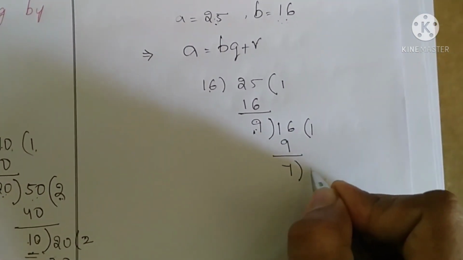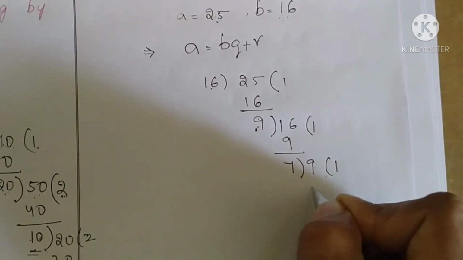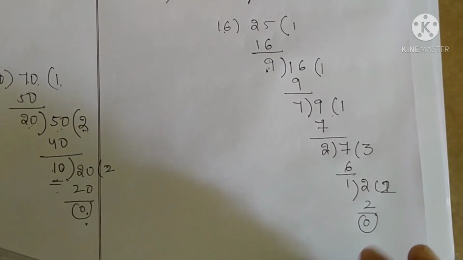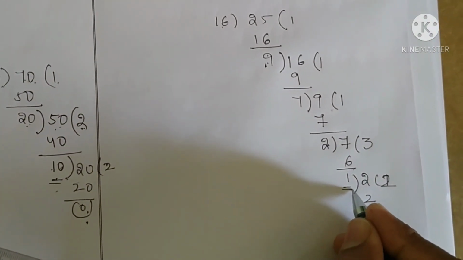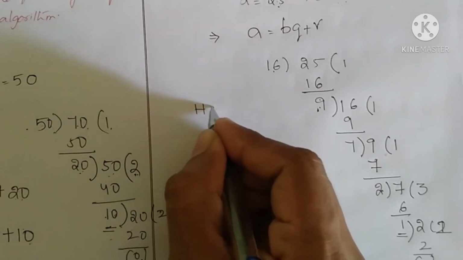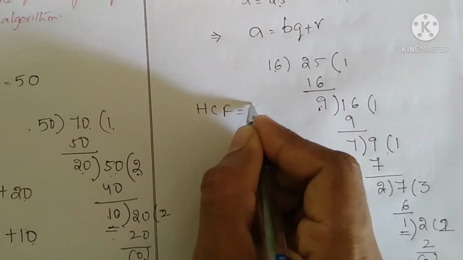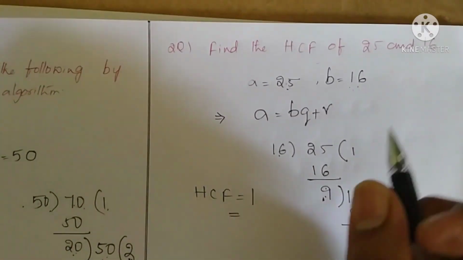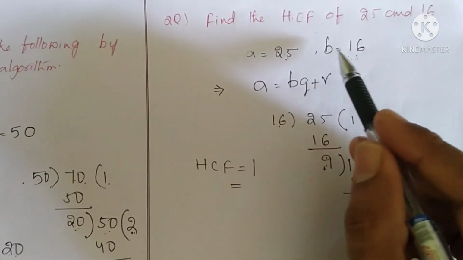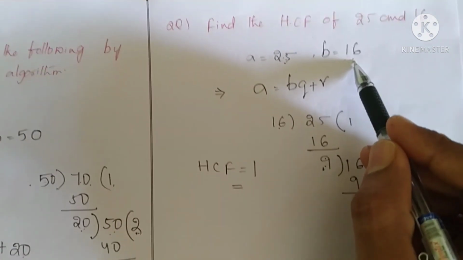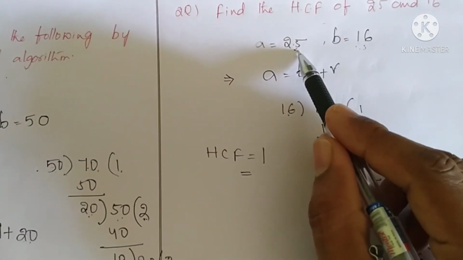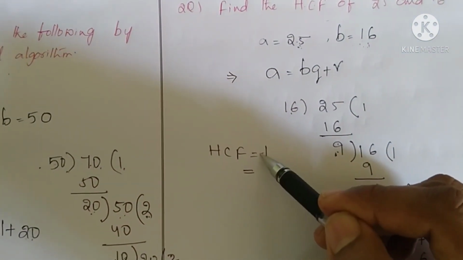At the stage where the remainder is 0, the divisor is the HCF. So here the HCF is 1. The HCF of any two co-prime numbers, here co-primes are 25 and 16, meaning there is no common factor other than 1, is always 1.